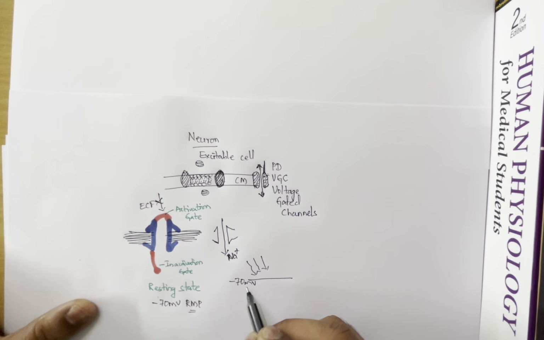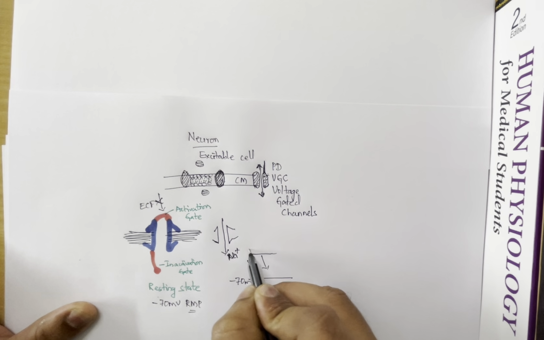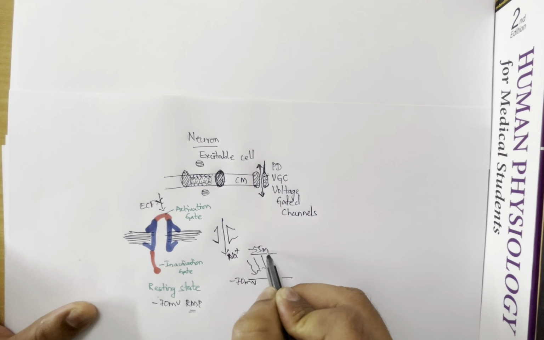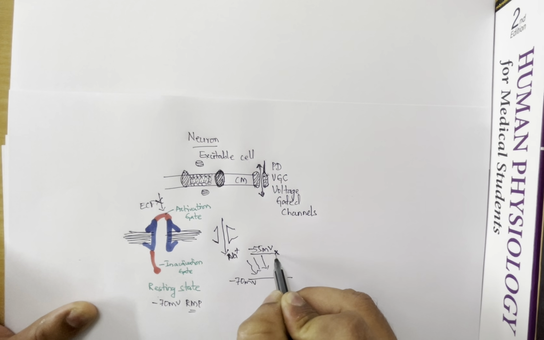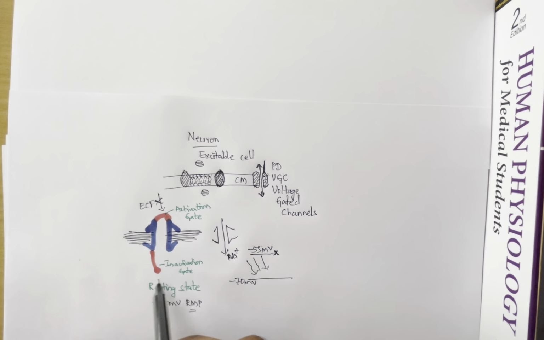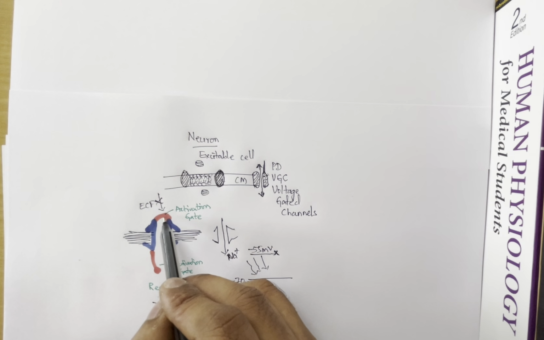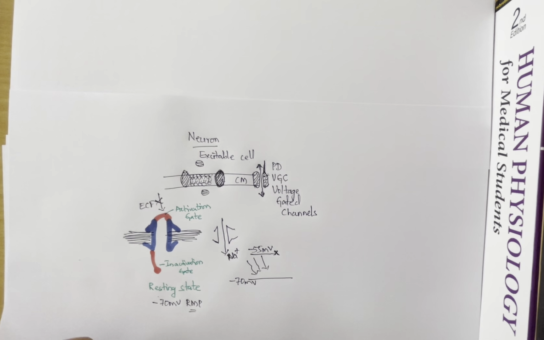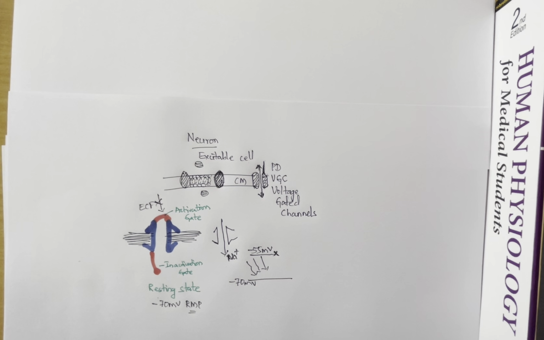So that will take the resting membrane potential from minus 70 millivolt to a firing level, that is minus 55 millivolt. Once the firing level threshold potential is reached, at that point the voltage gated sodium ion channel activation gates flip open, at a threshold potential of minus 55.